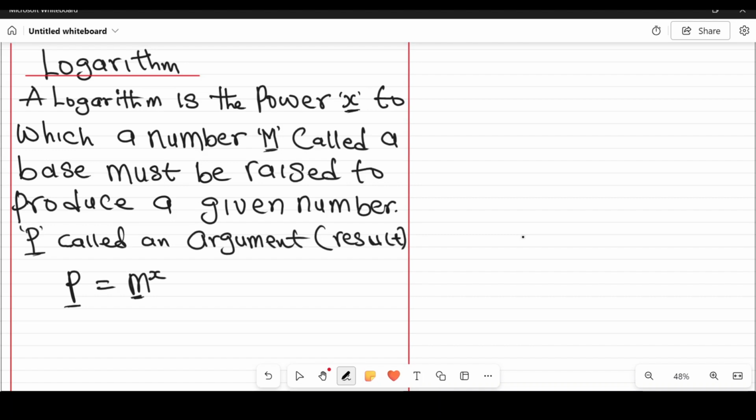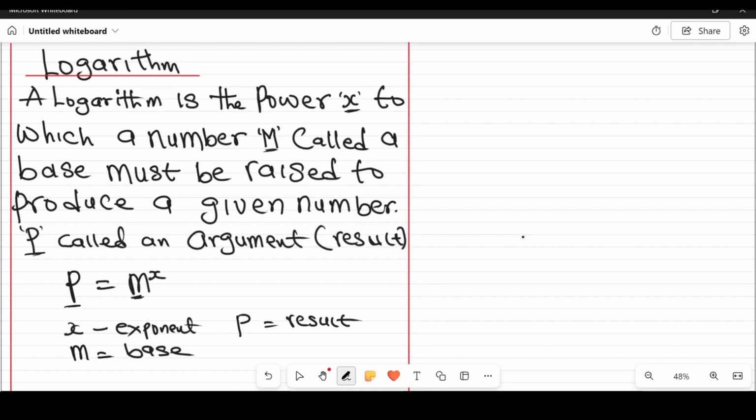So x is known as the exponent, m is known as our base, and p is known as the result.